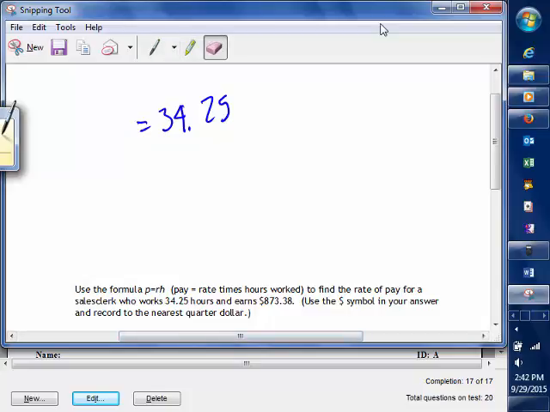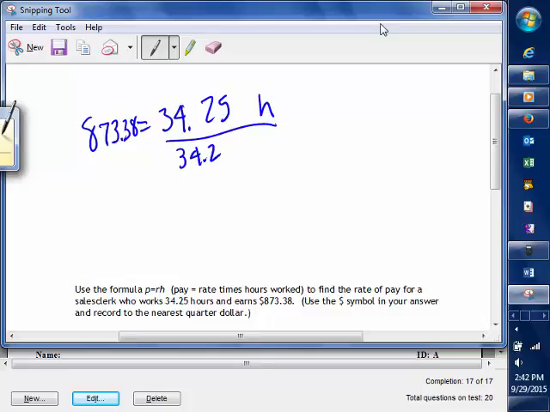P is the 873.38 times h, so divide both sides by 34.25.